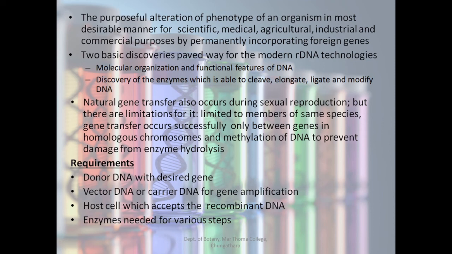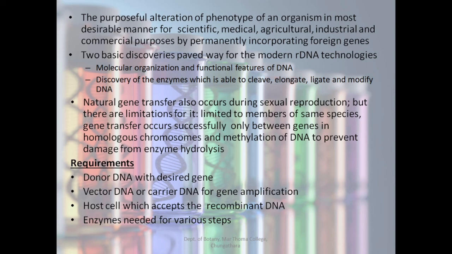The first and foremost requirement is the donor DNA which has the desired gene. So a gene having the desired character is to be identified or understood. It is identified from a particular source and it has to be isolated.